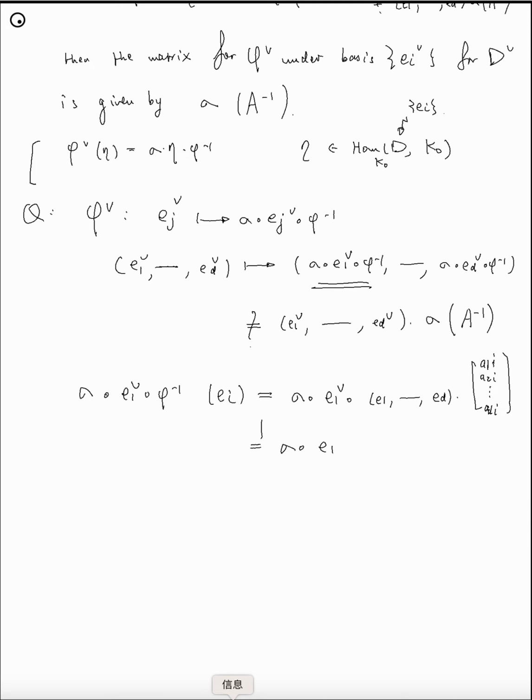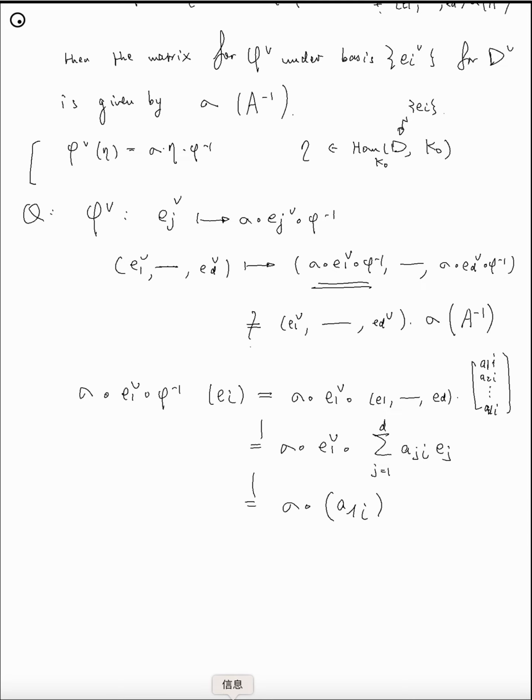So one compose E1 du compose with the summation of AJI EJ. I is fixed, J from 1 to D. And so finally this is the sigma of, only pick out E1, so J must equal 1, sorry, A1I.